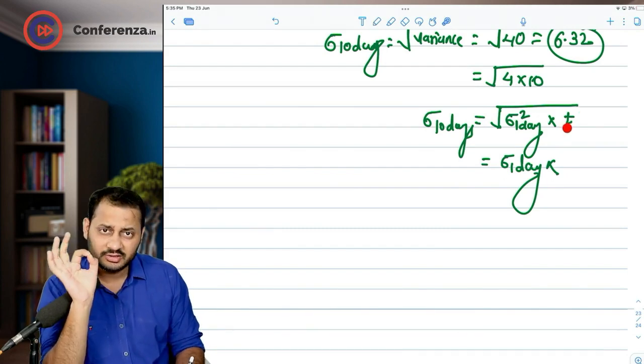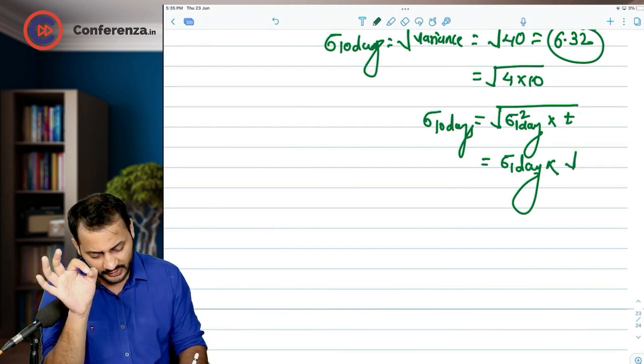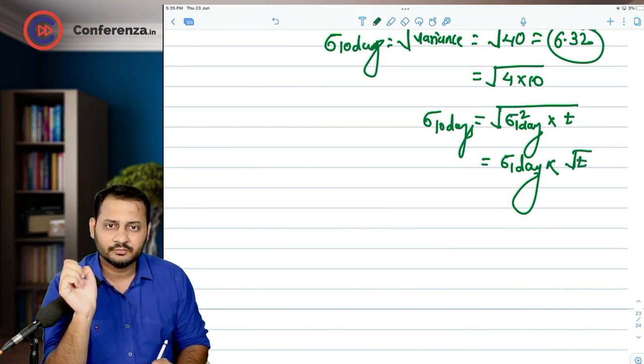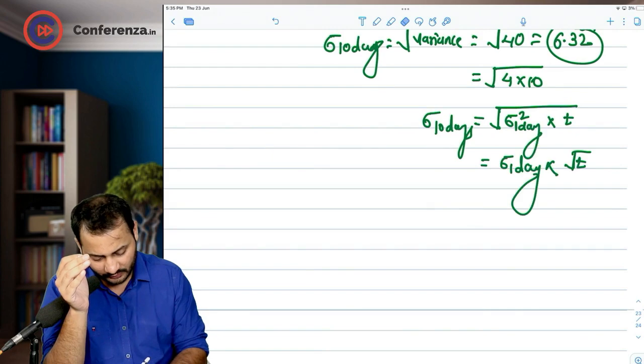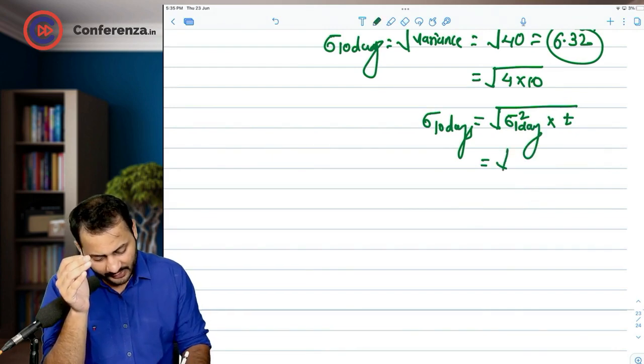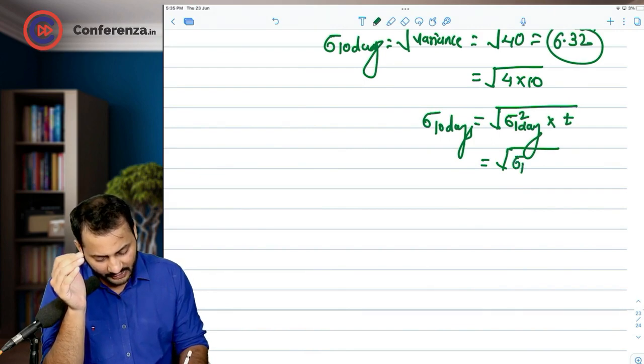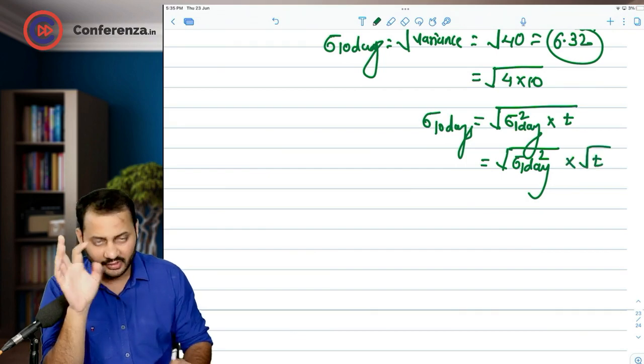T is still in under root form and it will be kept as it is. We have just bifurcated, or in another way I will just write it down. Have a look. We can write down this equation as two different under root equations. Standard deviation of one day square, or the variance of one day square root, into under root t. We can write it like this.